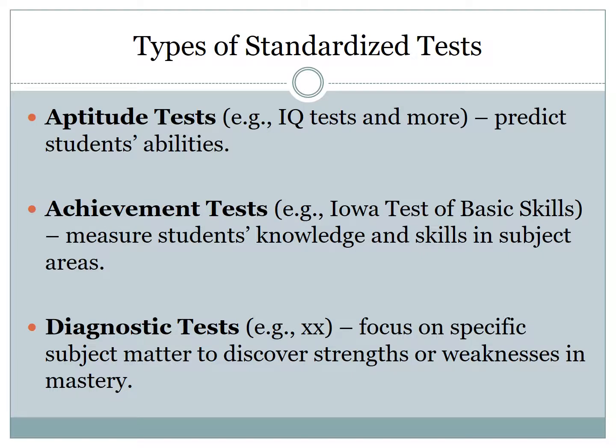So, for example, the Iowa test has a section on reading and has a section on math, and is designed to measure what they've achieved in those subjects, what they've learned. And finally, diagnostic tests focus on specific subject matter to discover student strengths or weaknesses.